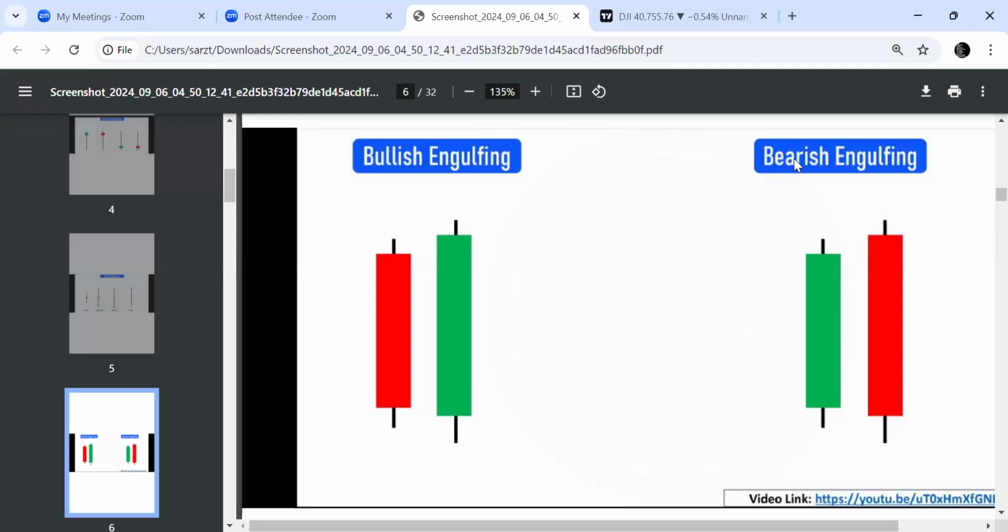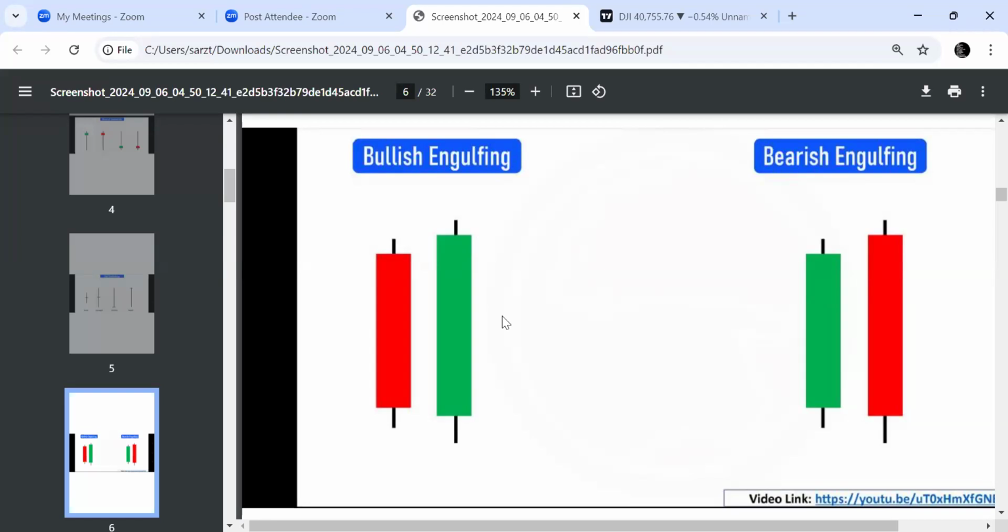And similarly for bearishness: previously we discussed that when the price is increasing and a candle forms, it indicates bearishness. So the bullish engulfing pattern forms when the price is falling, and the bearish engulfing pattern forms when the price is rising. The bullish engulfing pattern is only important when it forms after a price decline.